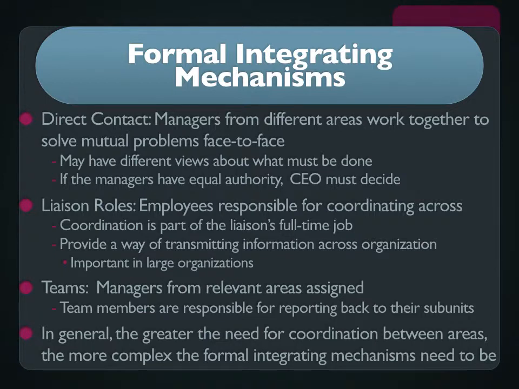And so if you have two separate units that are working on a very complex and tricky project that needs a high level of coordination, you're going to have more complex and formal integrating mechanisms. So you can think about a company that's about to launch a new product. It's a very technical product, but has potential to be quite profitable.